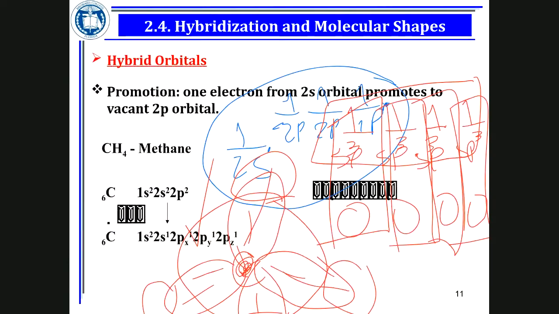It is still in one plane, and it looks like a triangle. When you have only 2 hybrid orbitals, it's going to be linear. When you have 3 hybrid orbitals, it's going to be trigonal planar, like this.